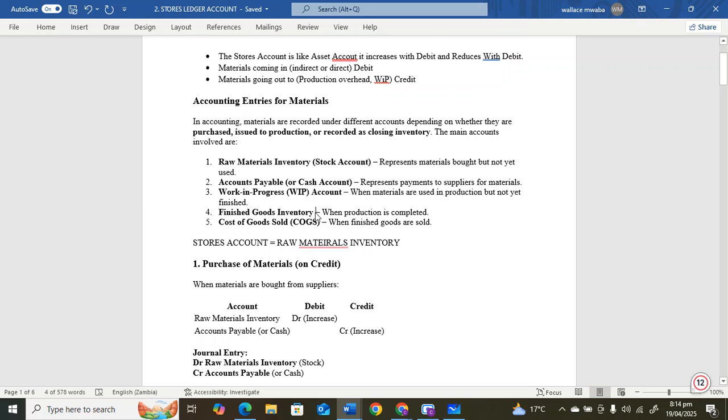Finished goods, these are the completed goods. Cost of goods sold, as we say, these are the goods that have been sold, and you want to know the cost.